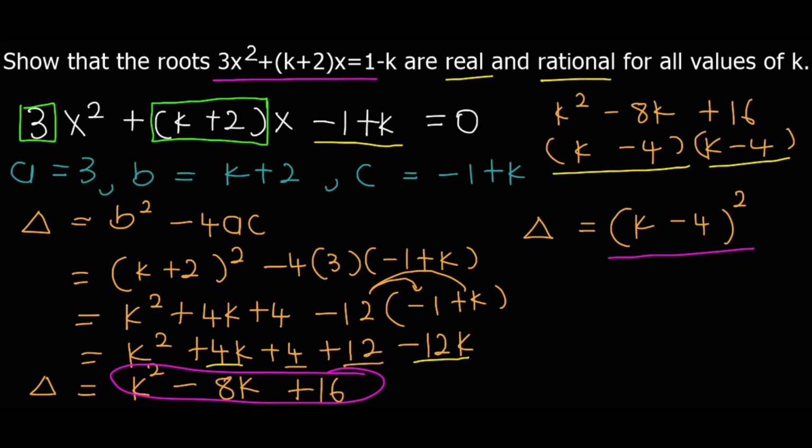Remember, for any number when we take the square root, it means it's a perfect square, because the root cancels the square. In this way we prove this is rational, because we can see that delta is greater than 0 and also is a perfect square. So this is our answer.